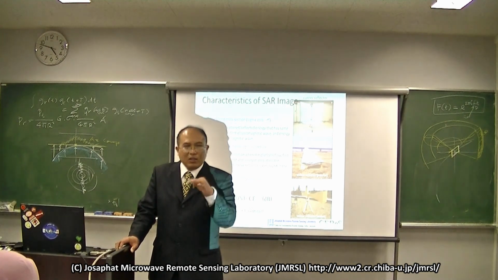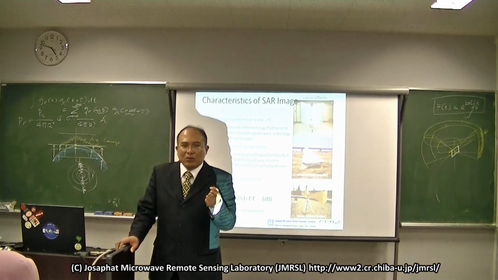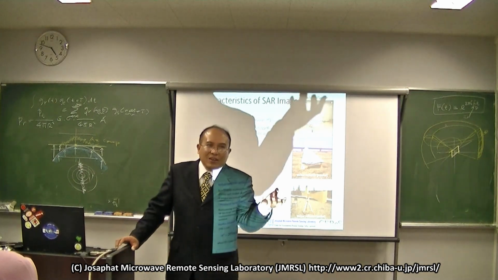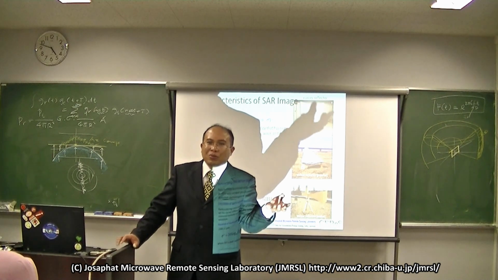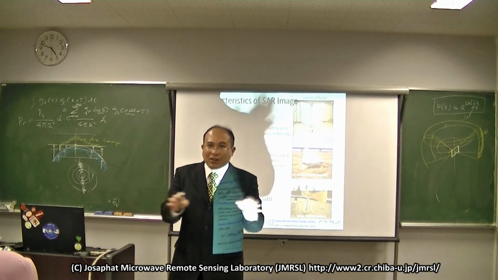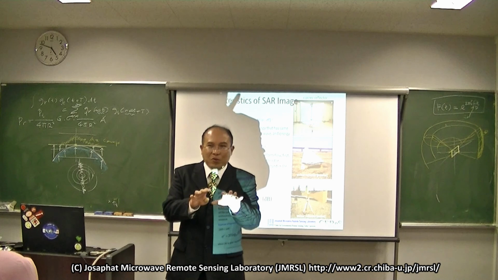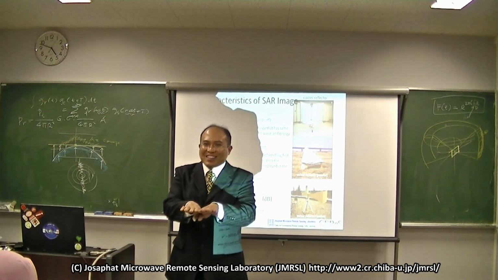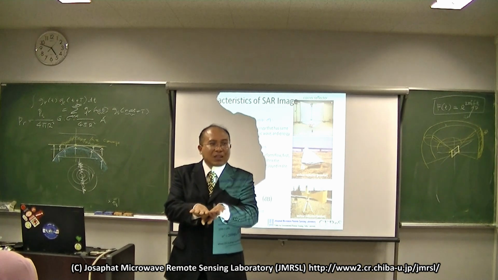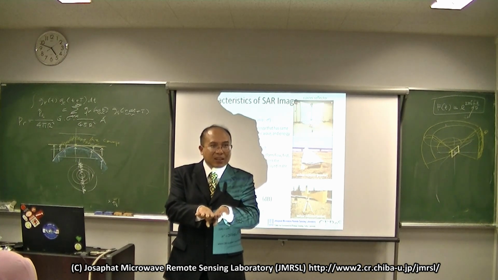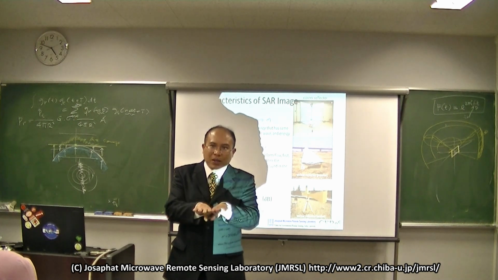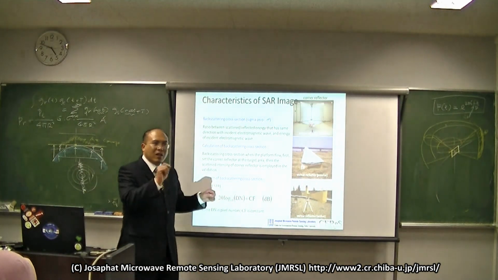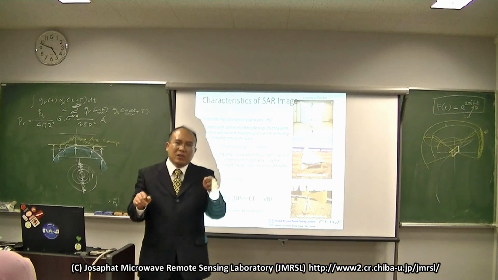If you want to compare data from 1992 and 1996, the performance of your satellite is different, so how to compare the images? We need a standard before we compare. So this standard is used. First is to calculate the backscattering coefficient, sigma.